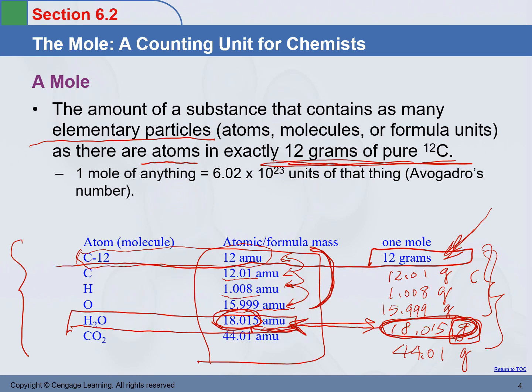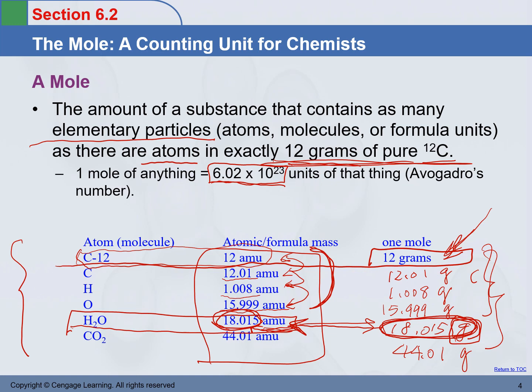There are actually 6.02 times 10 to the power of 23 units in 1 mole of anything. 1 mole of some molecule will be 6.02 times 10 to the power of 23 molecules. 1 mole of atoms will be 6.02 times 10 to the power of 23 atoms.